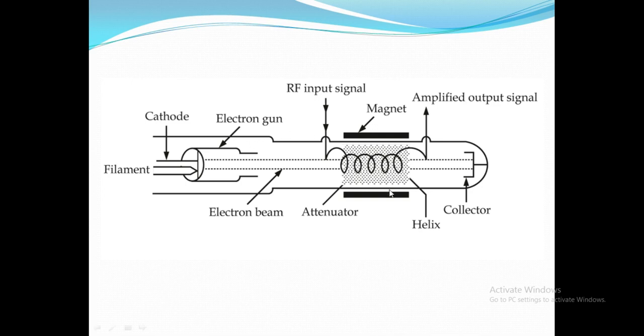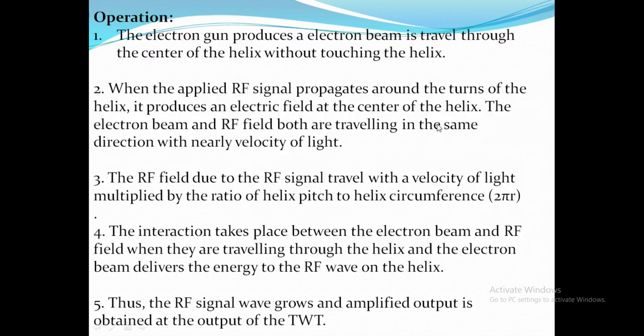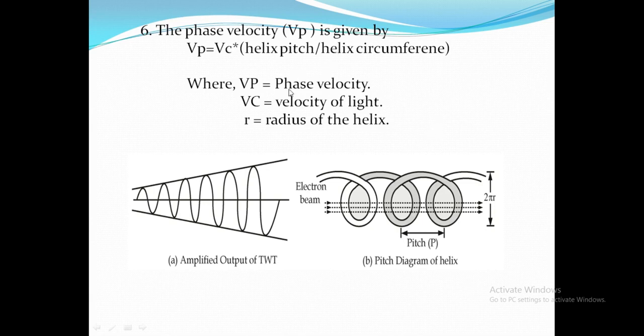Thus the RF signal wave grows and the amplified output is obtained at the output of the TWT. The phase velocity is Vp = Vc × helix pitch / helix circumference, where Vp is the phase velocity, Vc is the velocity of light, and R is the radius of the helix. This is the amplified output of the TWT.